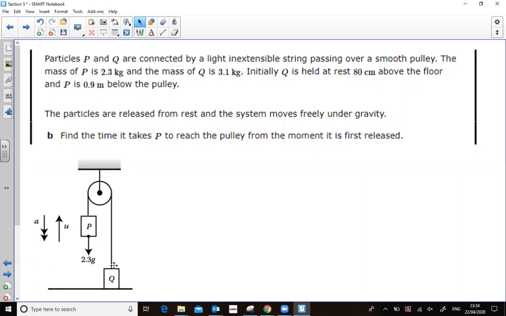Q is now dropped onto the ground, but what we said before in the question is P will continue to move upwards, and we're going to find the time it takes P to reach the pulley from the moment it is first released. In the question, we know that the particle P is 0.9 meter above the pulley, so that would be the distance it traveled.